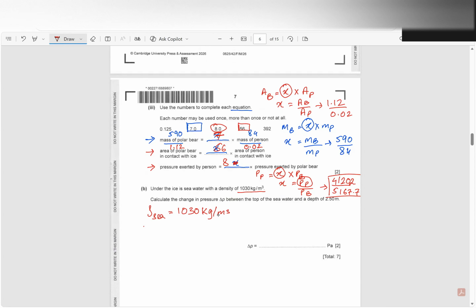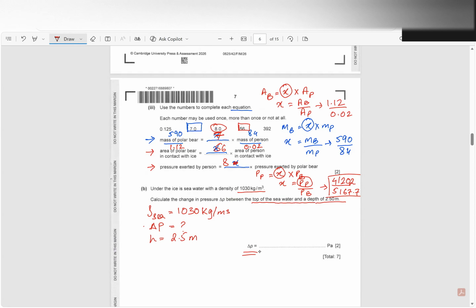The question says, calculate the change in pressure between the top of the seawater and at a depth of 2.5 meters. So basically, there's a depth, which is 2.5 meters. The values are already in SI units, so we need not perform any conversions here.